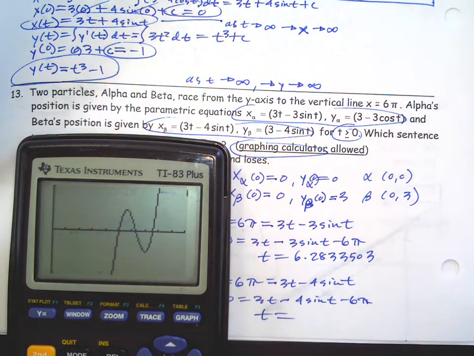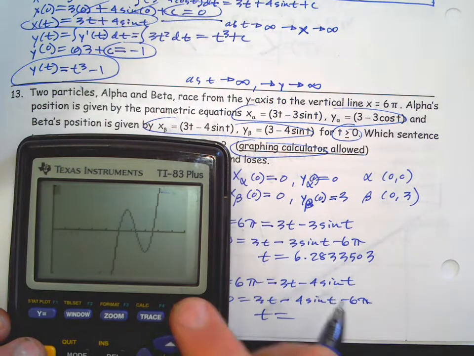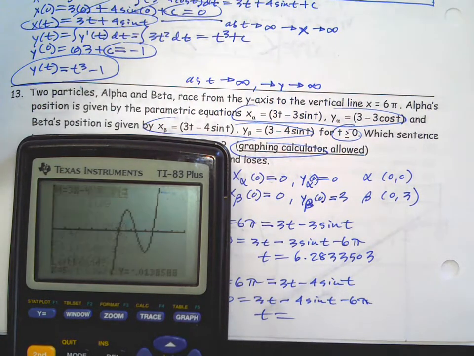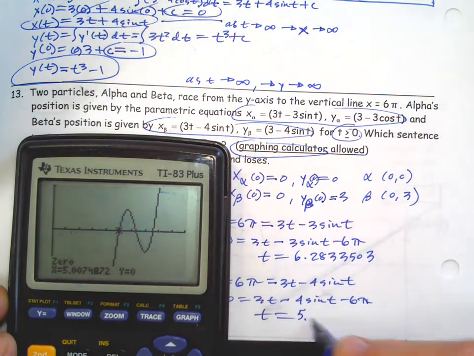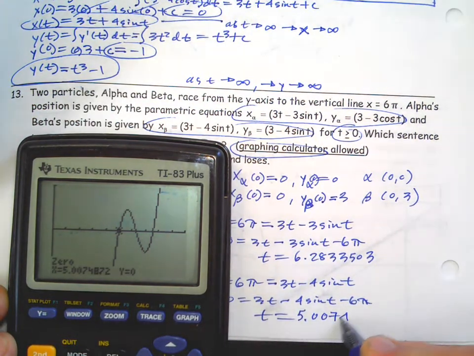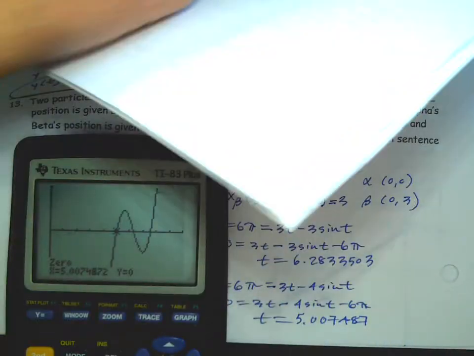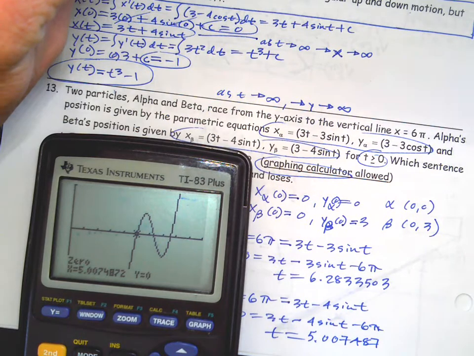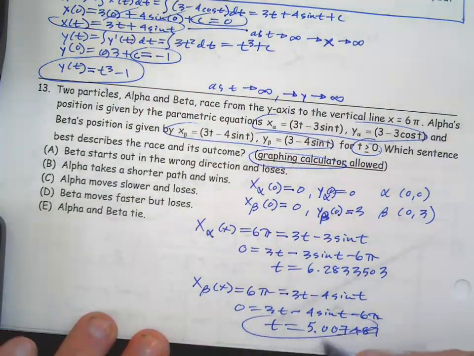Guess 5? Okay, never mind. Say 4 to 6, guess 5. 5.0074887. So I would say that beta wins the race.